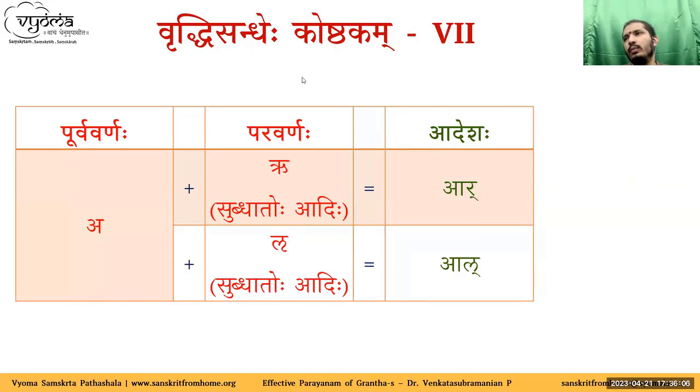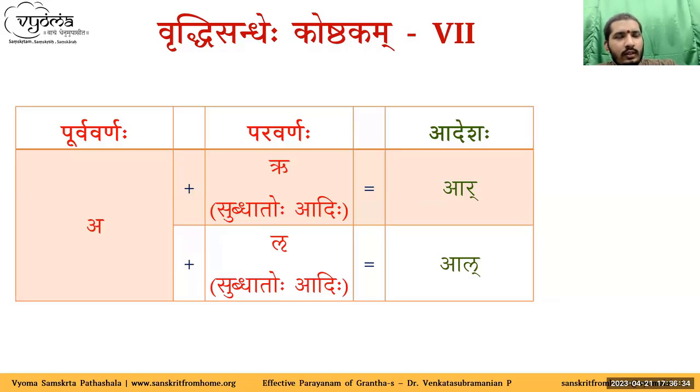So next rule is, if the Purvarna is Akara and if the Paravarna is Rikara or Likara, then we get the Adesha ār or āl. But this Rikara or Likara should be the starting letter of a Subdhatu.